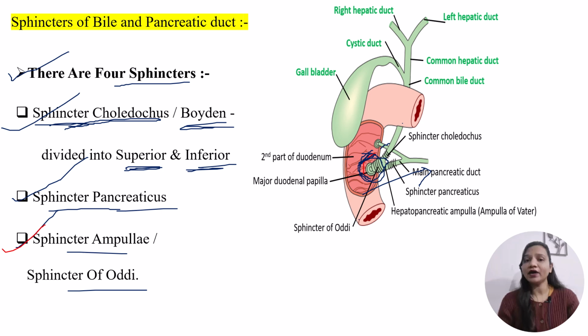So why is sphincter pancreaticus not always present in human beings? Because sometimes there is anatomical variation, and also because of the dominant function of this sphincter of Oddi.